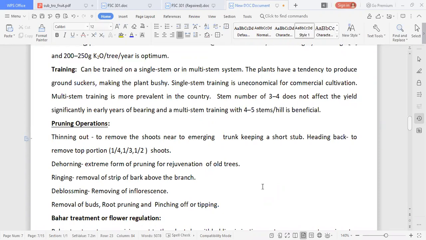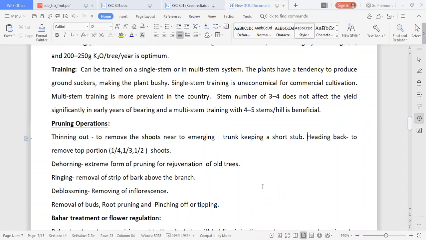Then coming to deblossoming, it is the removal of inflorescence or some flowers. When there are an excess number of flowers, you cannot retain all those flowers, and you cannot expect yield from all of them. So there will surely be flower drop, or if there is no flower drop, then there may be fruit drop.